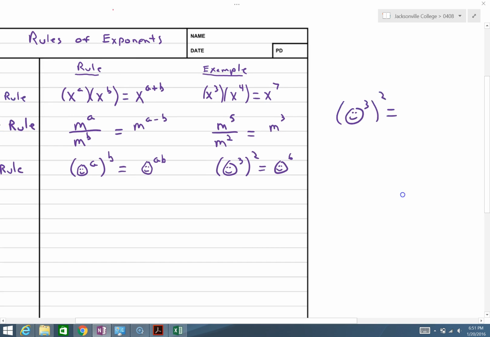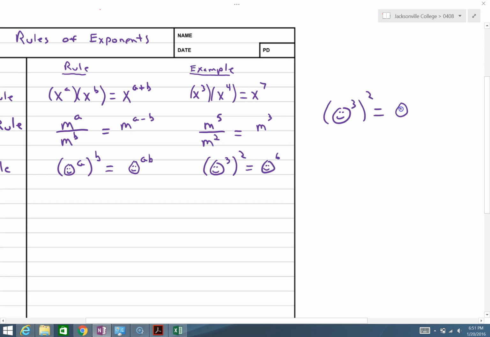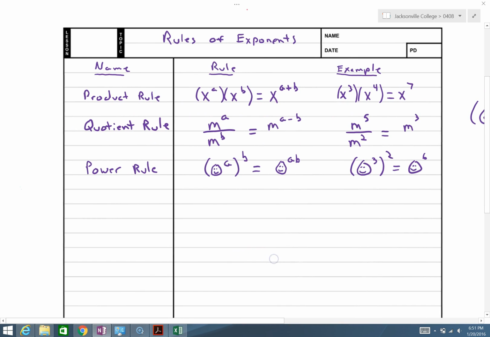So another way to say this is simply smiley face to the third times smiley face to the third. Using our product rule, since our base number is the same, we simply add together our exponents. Smiley face to the sixth. So this power rule is simply an extension of the product rule, much like multiplication is an extension of addition.